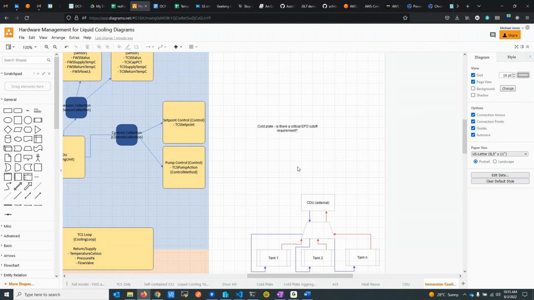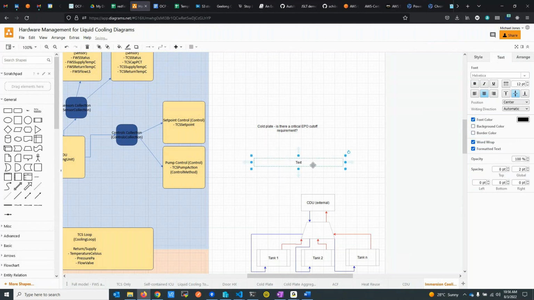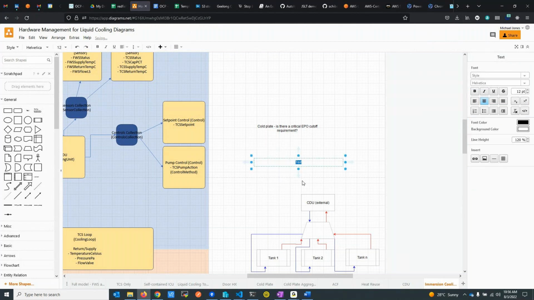Just to add something else to the conversation here. One of the main reasons, and I'm with Michael on this, to have a strong recommendation on implementing this kind of fail-safe is that the operating temperatures on liquid are higher than on an air server. And the air server is able to regulate by itself. It's able to control the fans by itself.